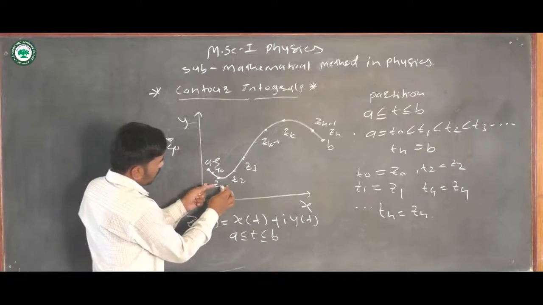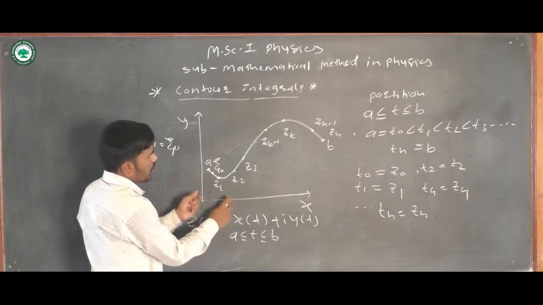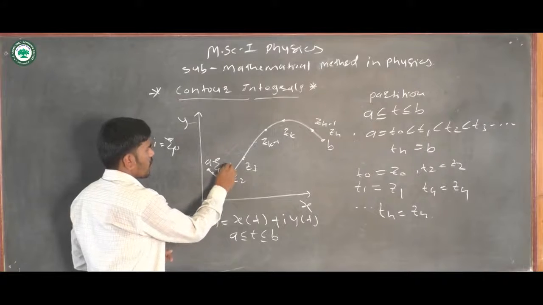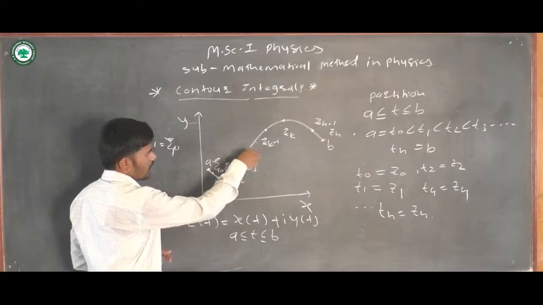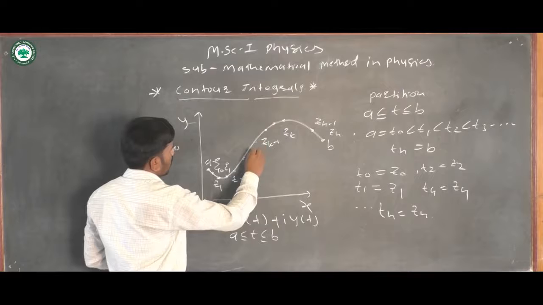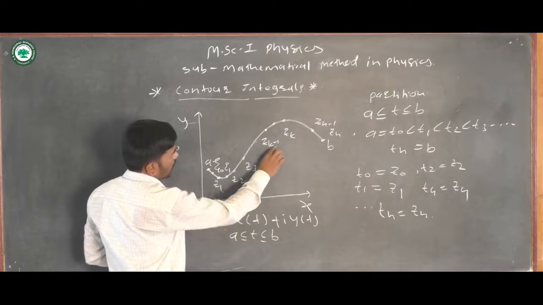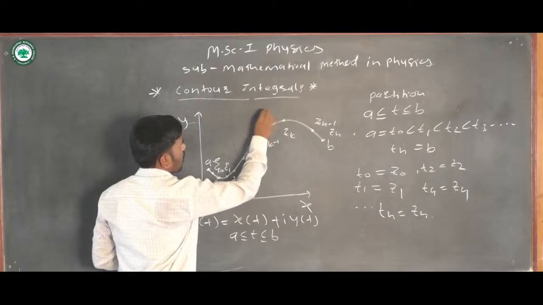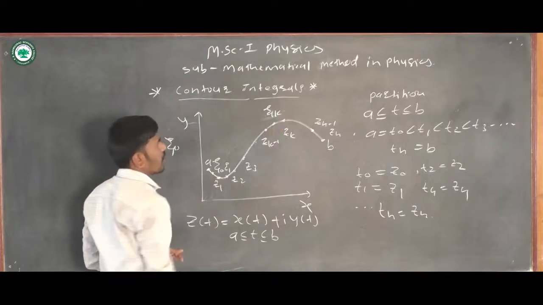And similarly, between z2 and z1 I consider another arbitrary point, that is psi 1. Similarly, if we consider zk minus 1 and zk, here is psi k, that is an arbitrary point.